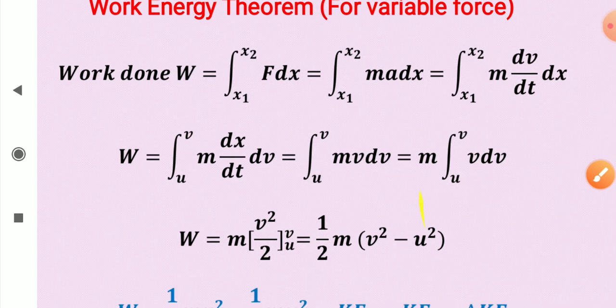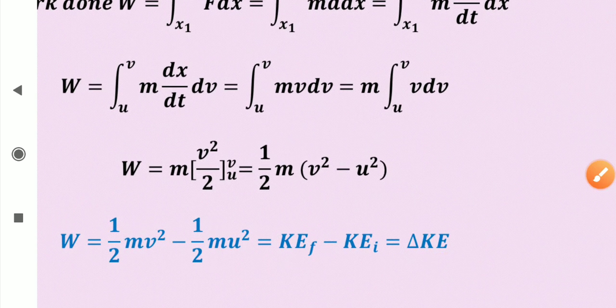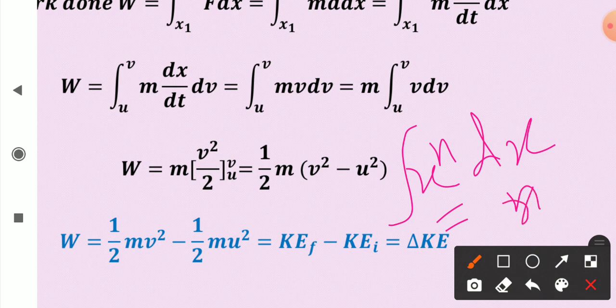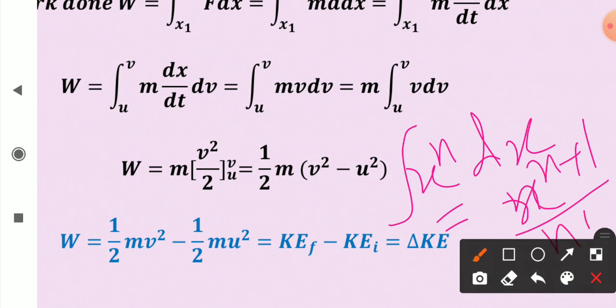And you know the relation for integration: integration of x to the power n dx is equal to x raised to the power n plus 1 divided by n plus 1, since the power increases by 1.